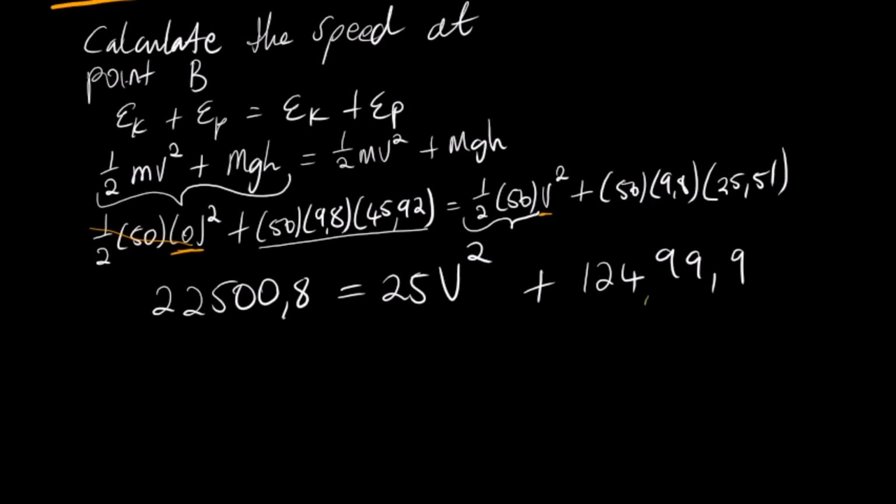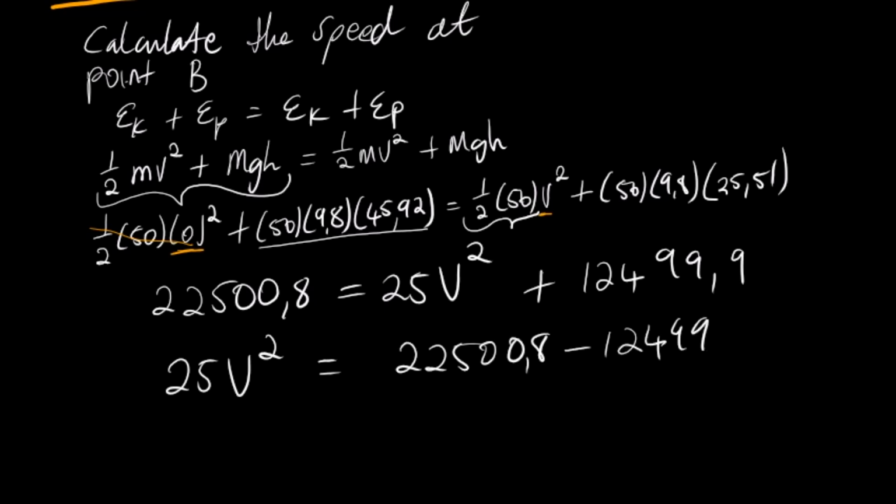From here we're going to transpose this to the other side. So we have 25 v squared equals 22500.8 minus 12499.9. Then we simply divide both sides by 25.